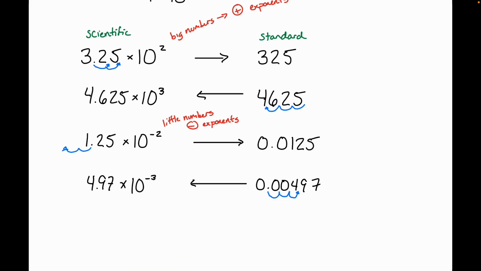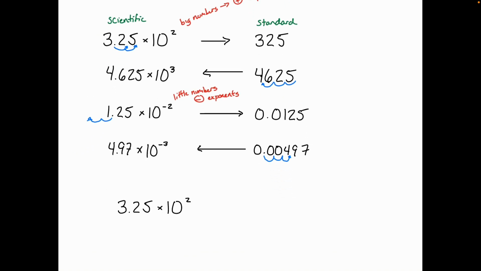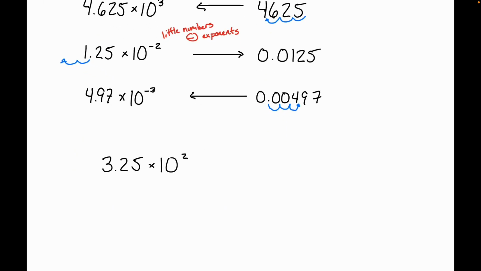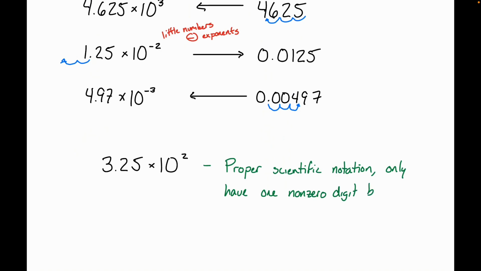All right, let's just take a look real quick. Okay, importantly, this is a number in proper scientific notation. Proper scientific notation, just like in all of our examples here, can only have one non-zero digit before the decimal.